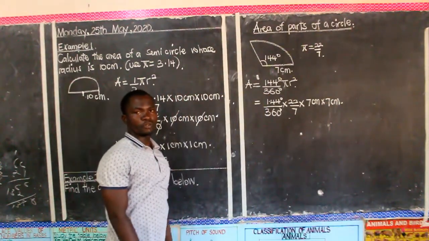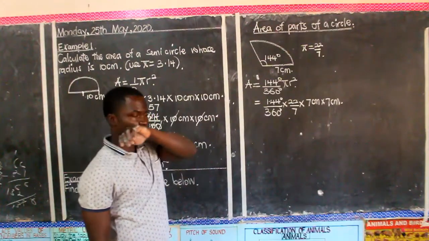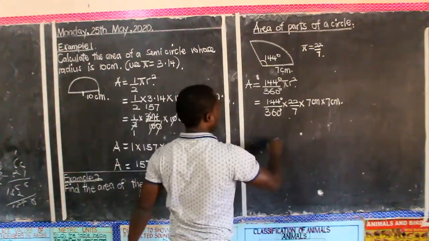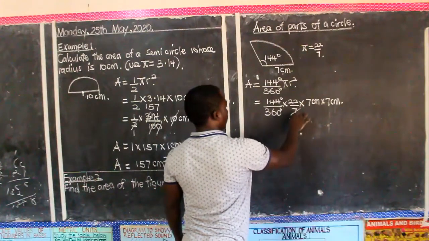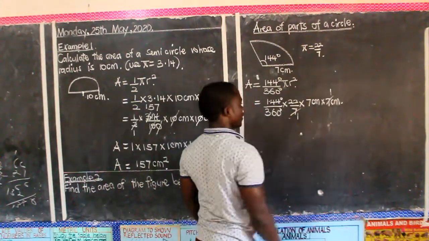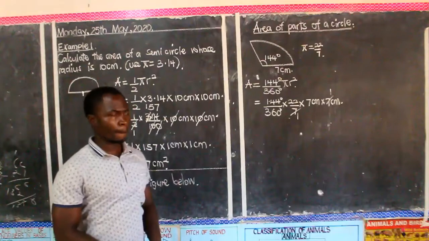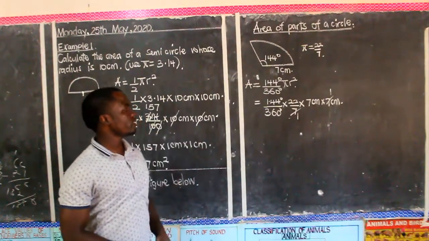Now, let's divide. Okay? By 7, once, by 7, once. Okay? Let's also come down and divide.